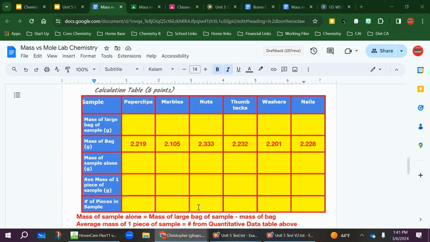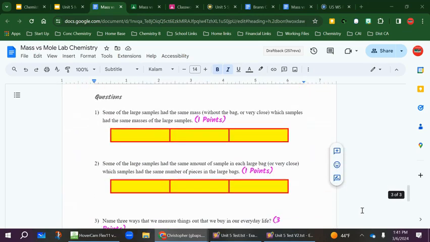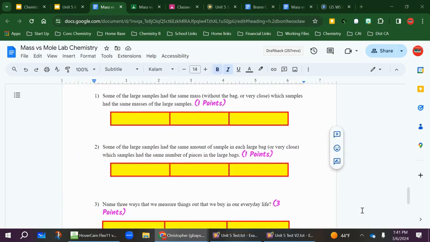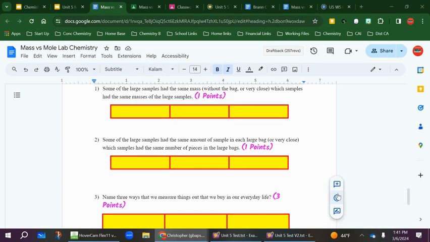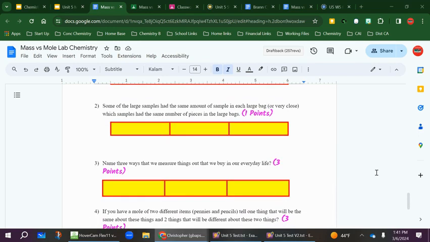Now, if you have all of this done, you will be able to answer the first two questions. If you do not, you can't answer these first two questions until you get that table completed. You may be able to answer the third one, the fourth one, and the fifth one. By the way, name 3 ways we measure things that we buy in our everyday lives.